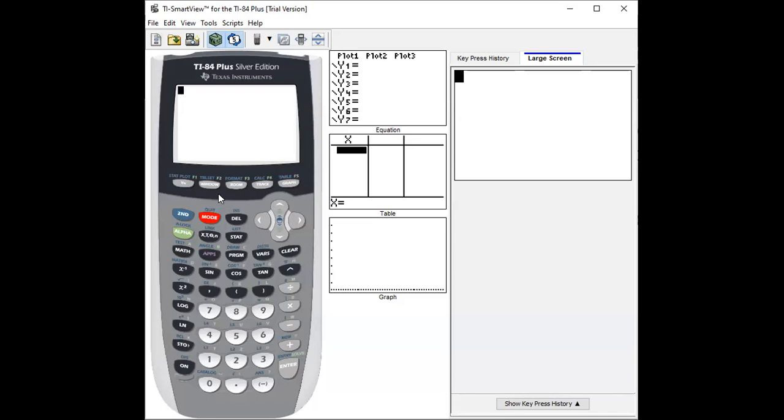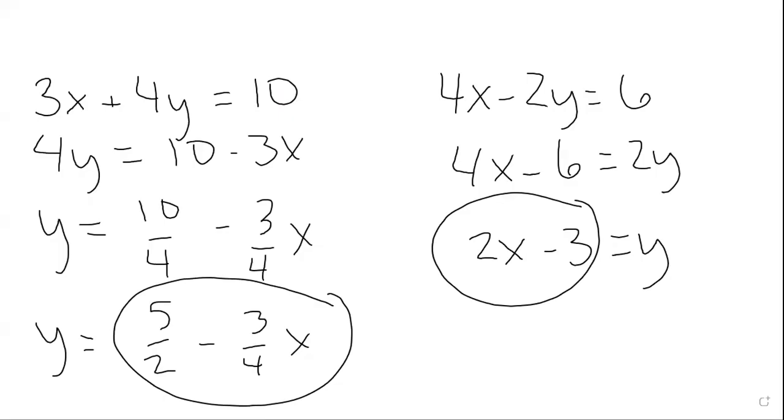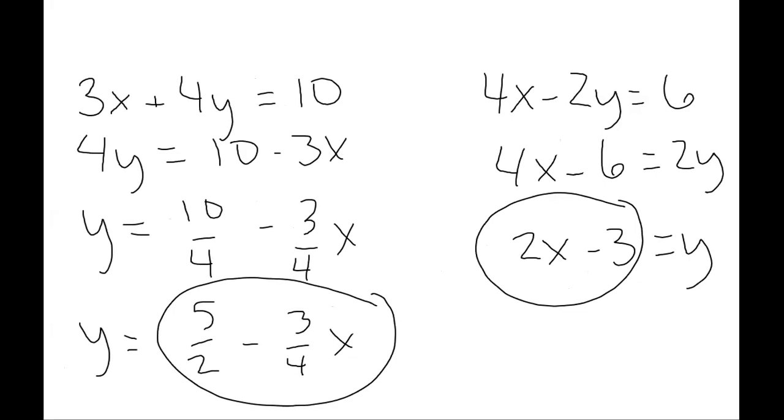So let's see here. We get y equals 5 halves minus 3/4 x, and the other one is 2x minus 3.